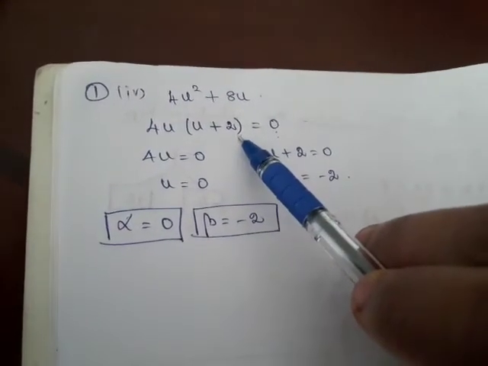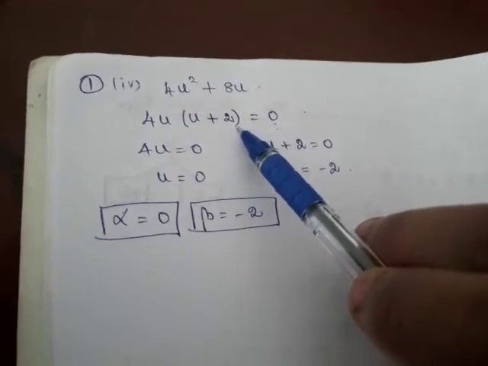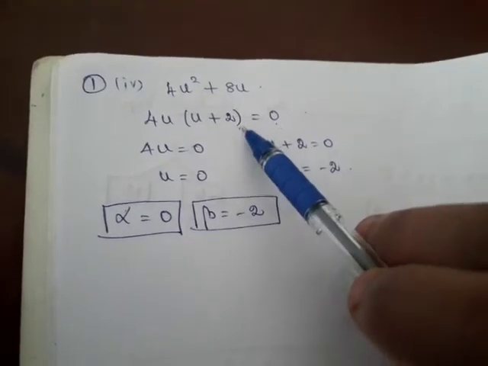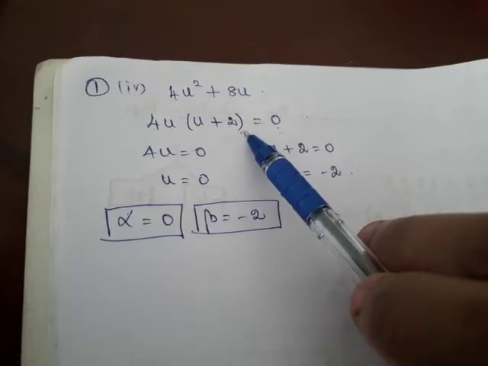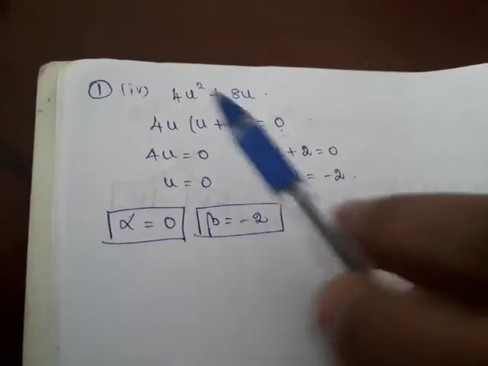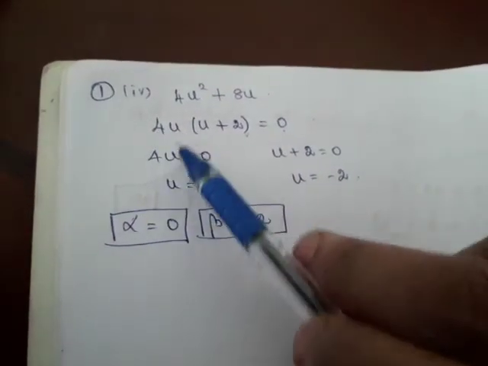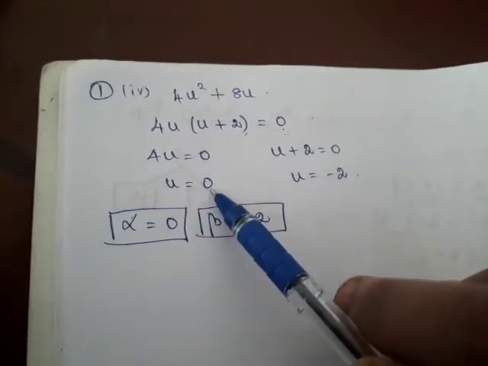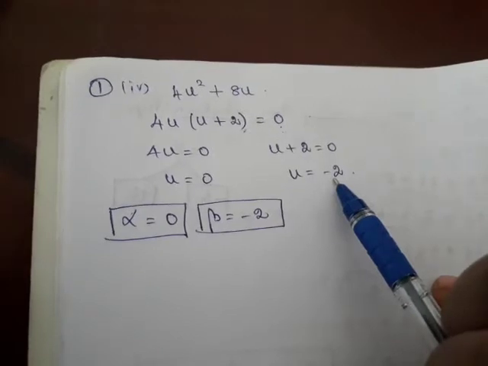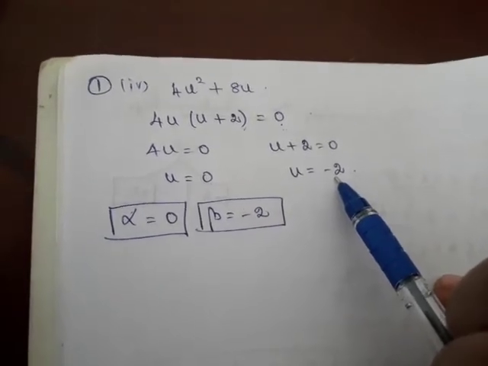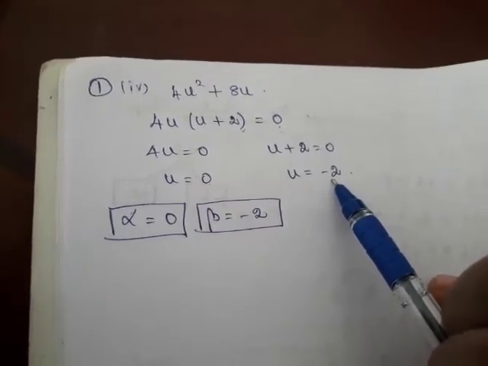This is how we arrive even in splitting the middle term. At last we arrive at a product of 2 terms, then we equate both the terms to 0 to find the value of the variable. Now in the same way we equate 4u to 0, so u is 0. On the other hand, u plus 2 equal to 0, so u equals minus 2. So we arrived at the 2 zeros of the polynomial.